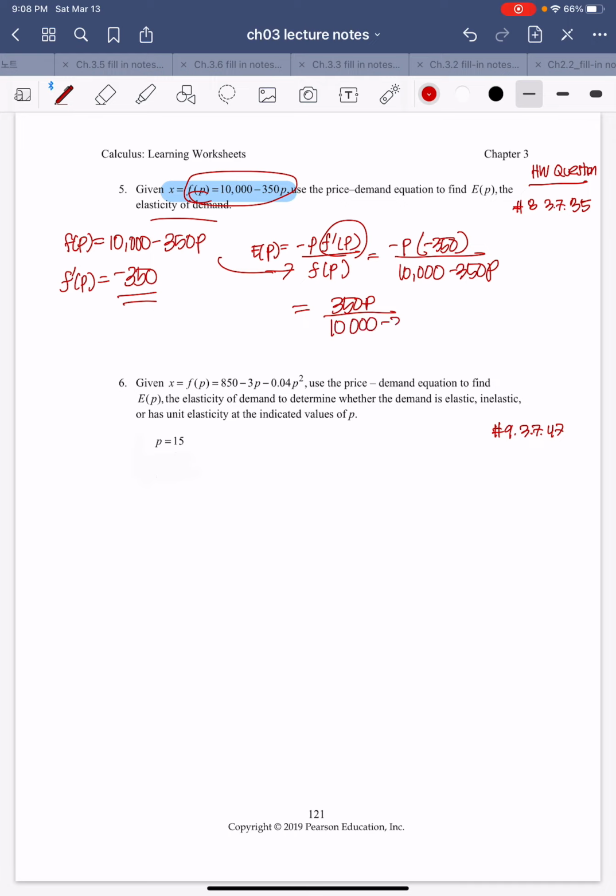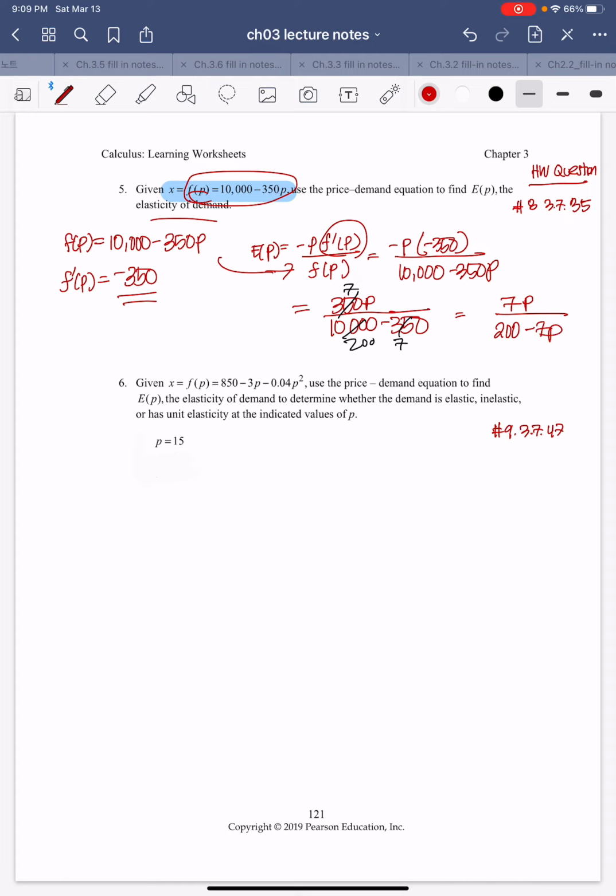10,000 minus 350p. Okay. I can divide each by 50. So everything is divisible by 50. So 50 goes into 350 7 times, and into 10,000 200 times. So my final answer at the end will be 7p over 200 minus 7p.